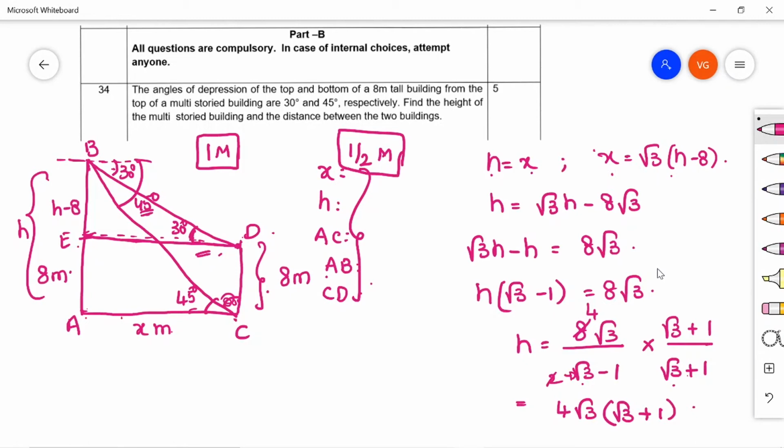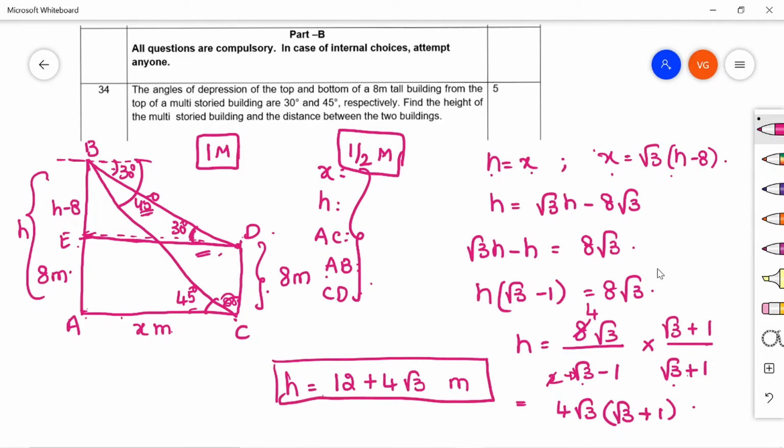So that is nothing but the value of h is equal to 4 root 3 into root 3, 12, plus 4 root 3 meters. So this is the value of h. Once you know the value of h, you can find out the value of x. See here, you know h is equal to x. So x is also equal to 12 plus 4 root 3 meters.